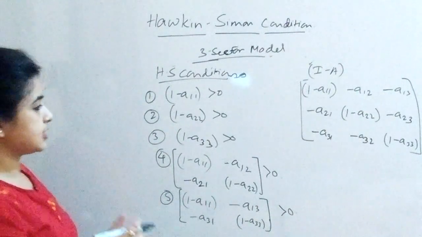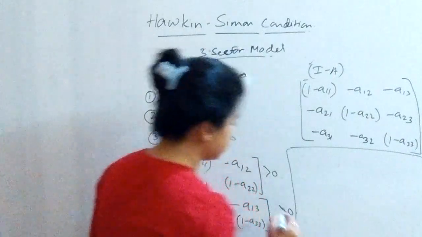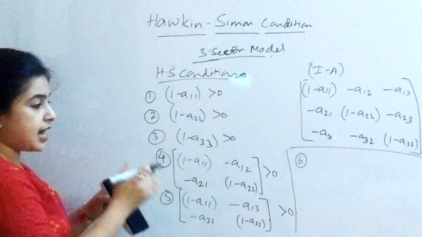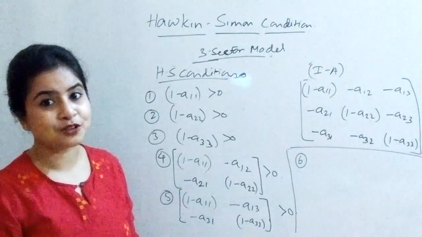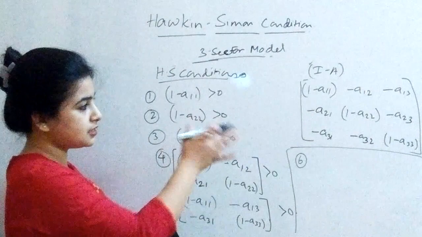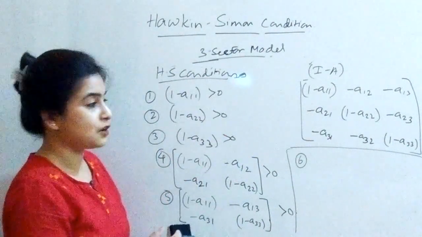Now moving to the sixth condition. I'm writing here. Okay, so the sixth condition is, again we need to find another 2 cross 2 matrix from this 3 cross 3 matrix. So that's why I've kept it, so that you can easily analyze from where I'm taking it out.